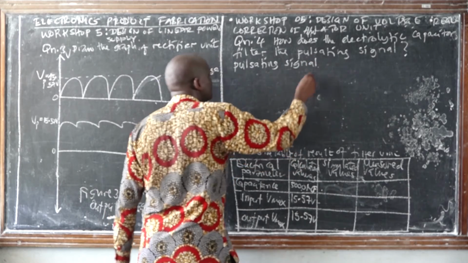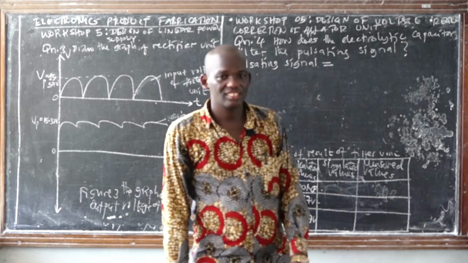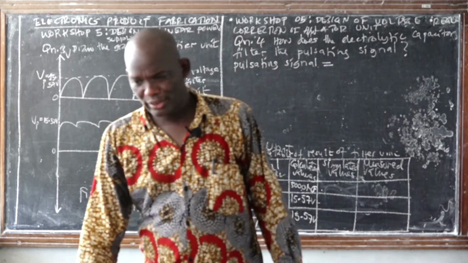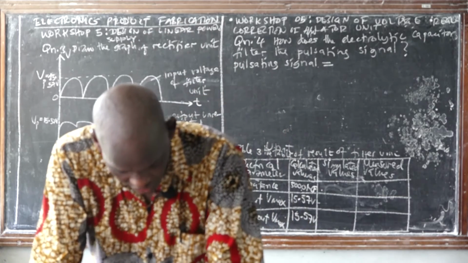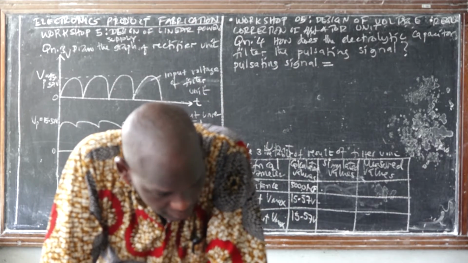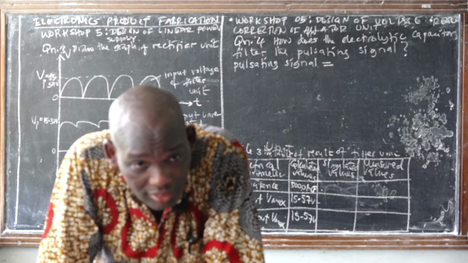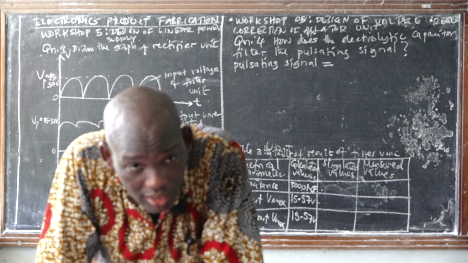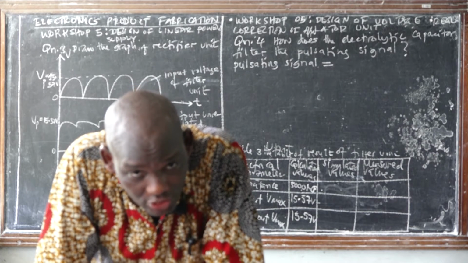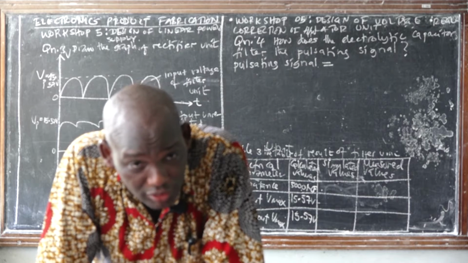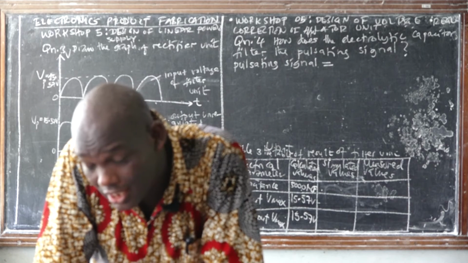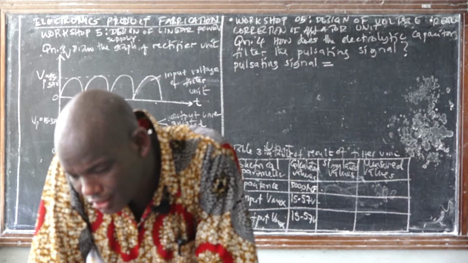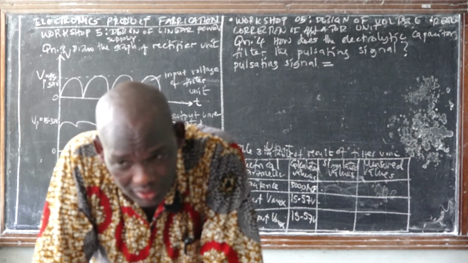Again. Check your neighbor if he or she is pronouncing it. Say pulsating signal. Again. Ruben, yourself. Say it yourself because you are not saying it.